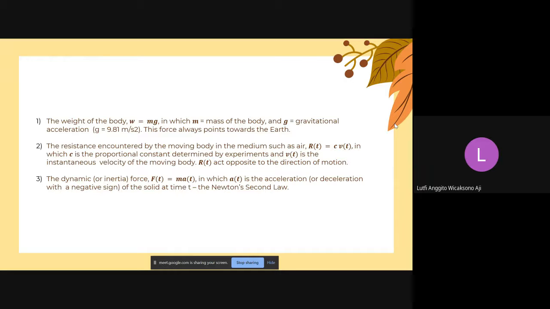The next is the dynamic or inertia force, Ft equals m at, in which at is the acceleration or deceleration with a negative sign of the solid at time t, that is Newton's second law.